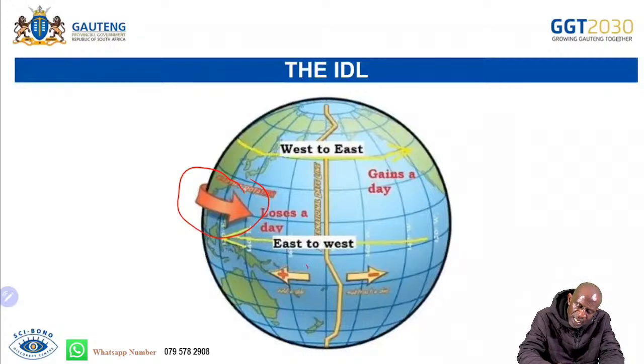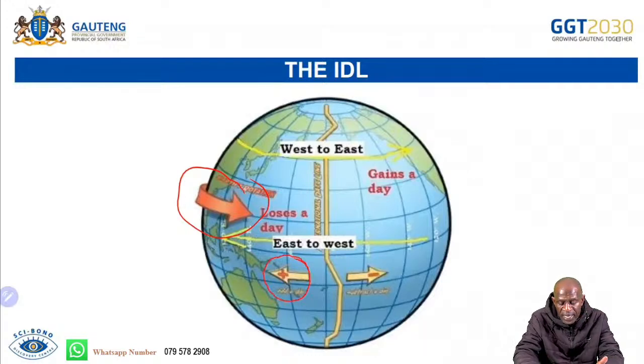If it rotates from west towards the east, then it is the opposite. That's when you'll have to reduce 1 day. And if the rotation is east to west, you cross this line of longitude, then it will be minus. So if you count backwards, you are subtracting. If you count towards the west, you are subtracting 1 day.